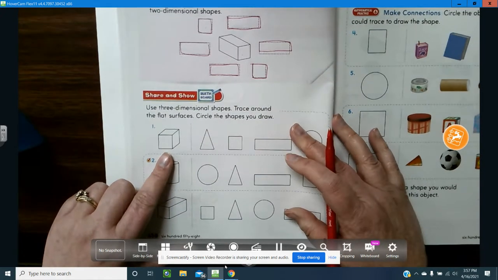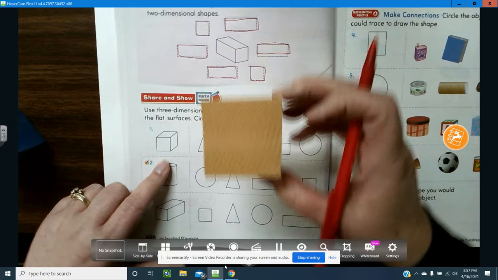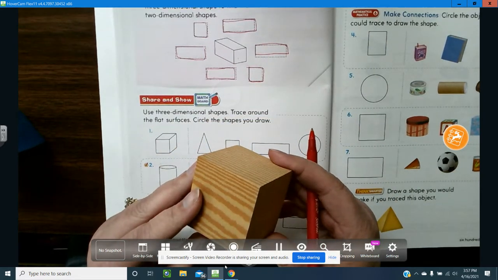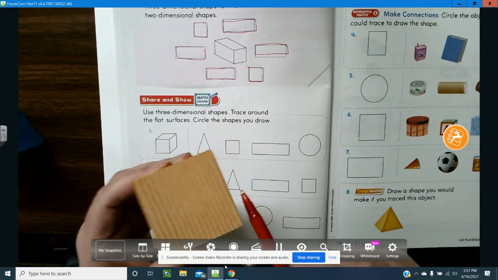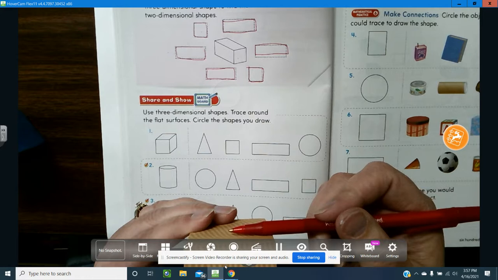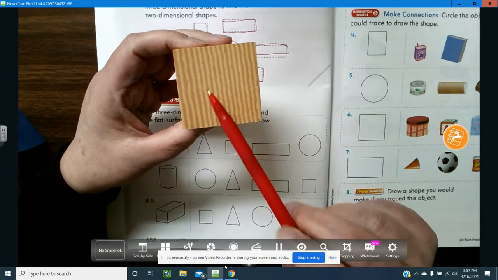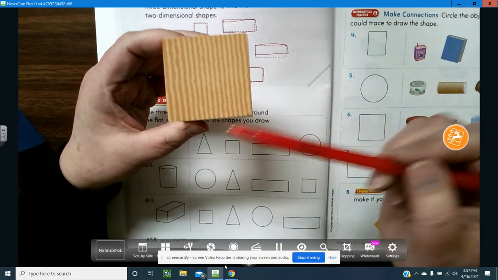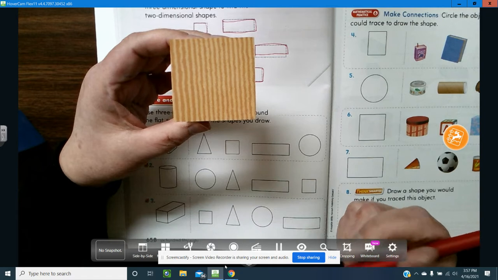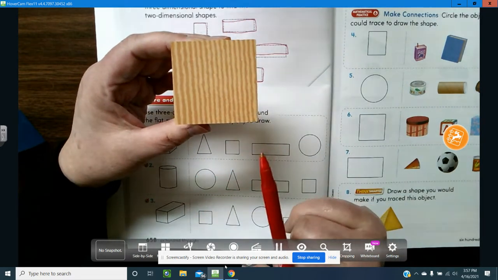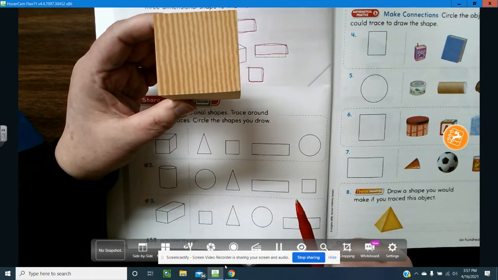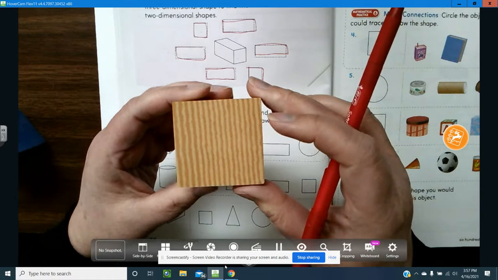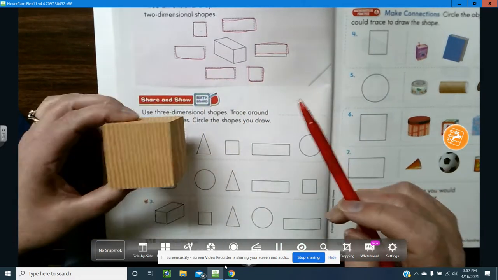So let's look at this one. Here's a cube, just like this cube here. It has 1, 2, 3, 4, 5, 6 sides. And they are flat. And if you traced around them, what would they all look like? Well, this side looks like a square when I trace it.